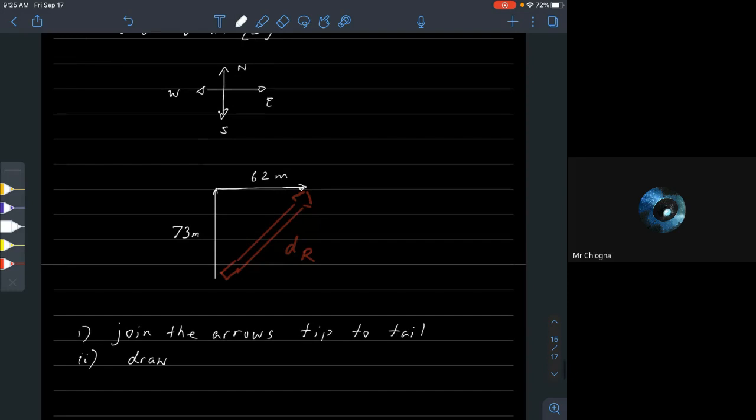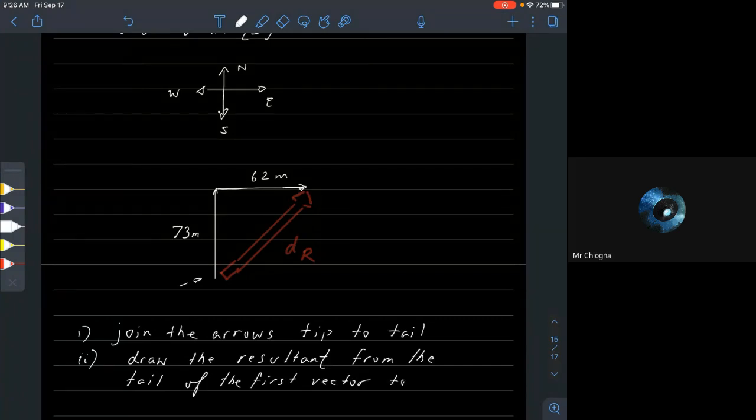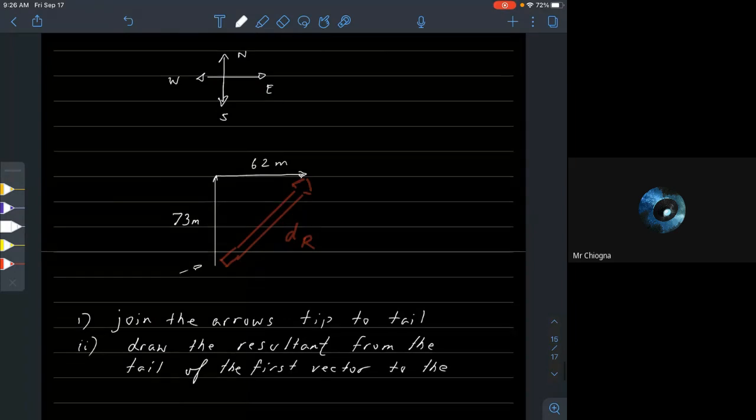So here's the rule. Draw the resultant from the tail of the first vector to the tip of the last. This is the first vector here.